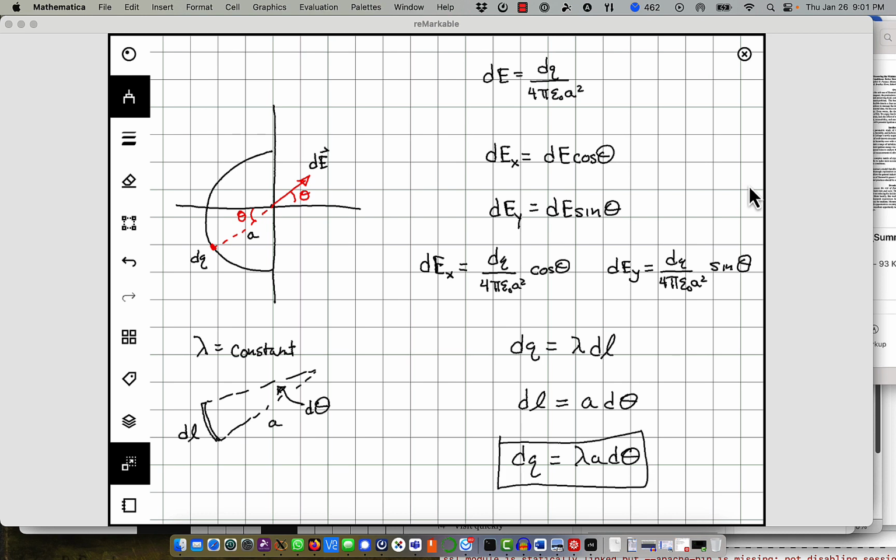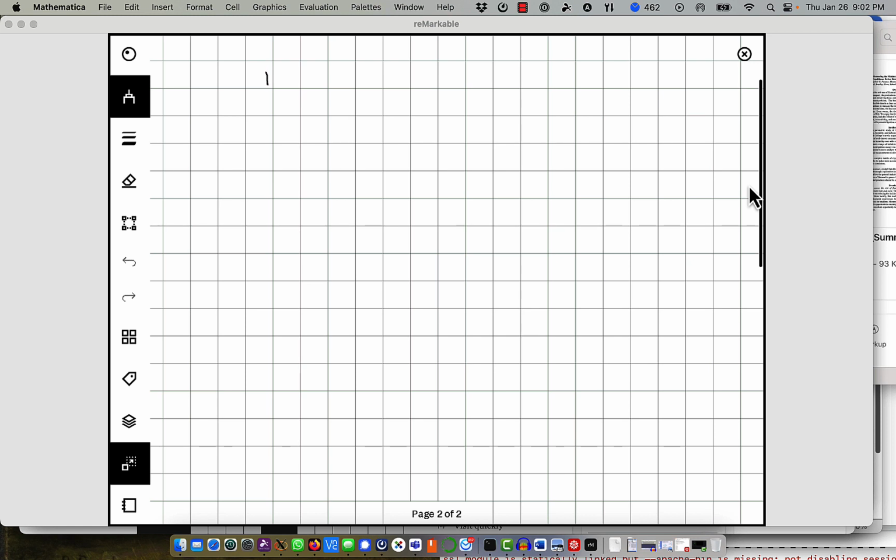Okay, so I think we have everything. There's the dQ, and we have dEx and dEy. So we're kind of all set to calculate. We've really kind of got all the physics now. So let's move to the next page just to kind of write it all out.